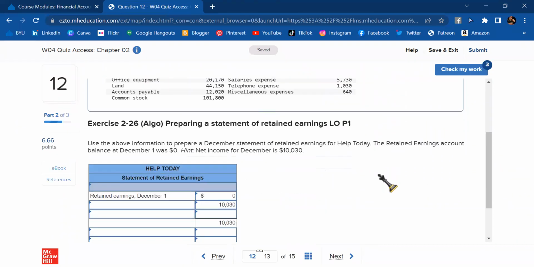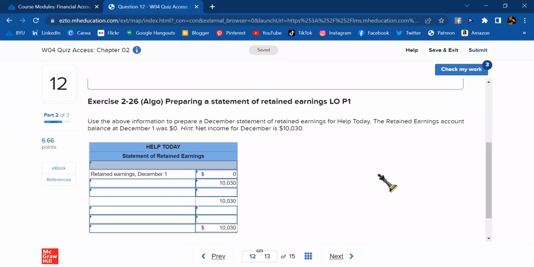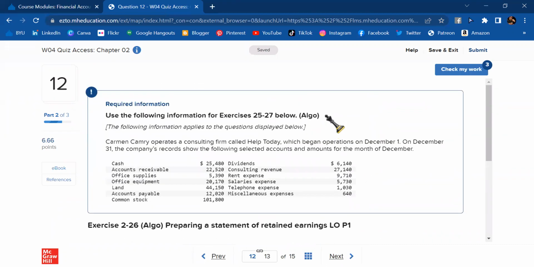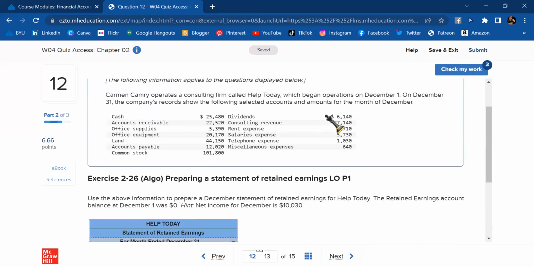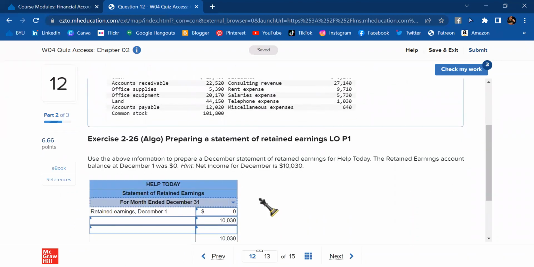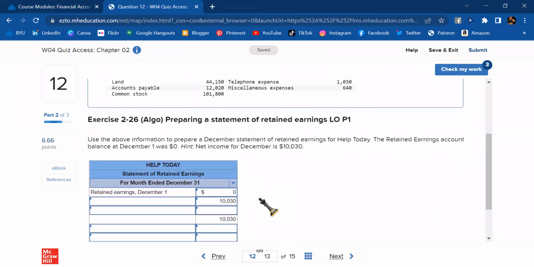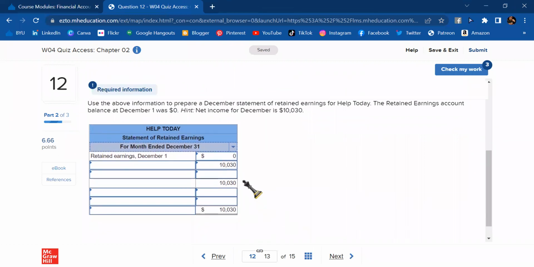Now we're going on to our statement of retained earnings. Similar to the last one, this is for the month ended. Retained earnings as of December 1st was 0. They already have the net income in there for us, so I guess we add net income.